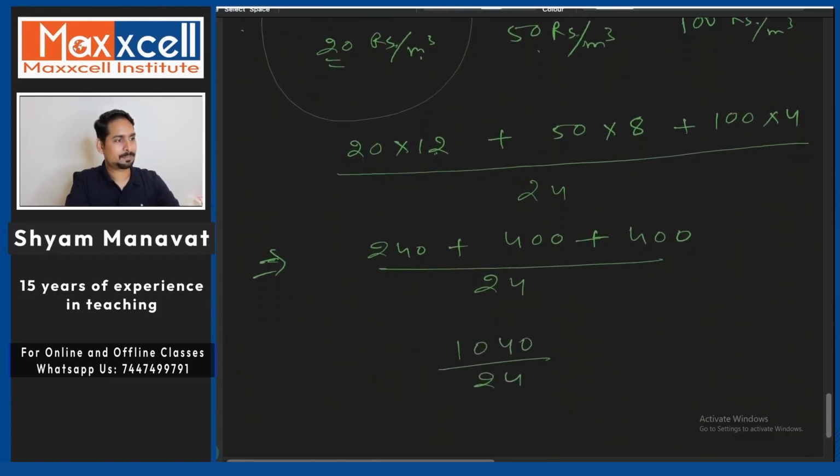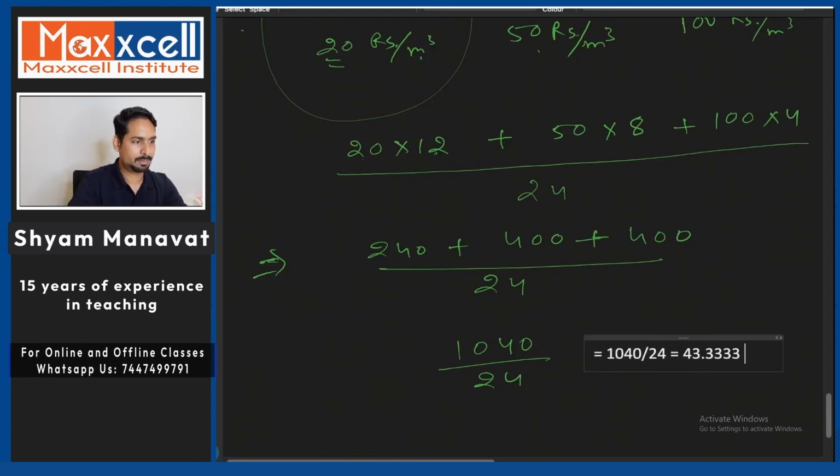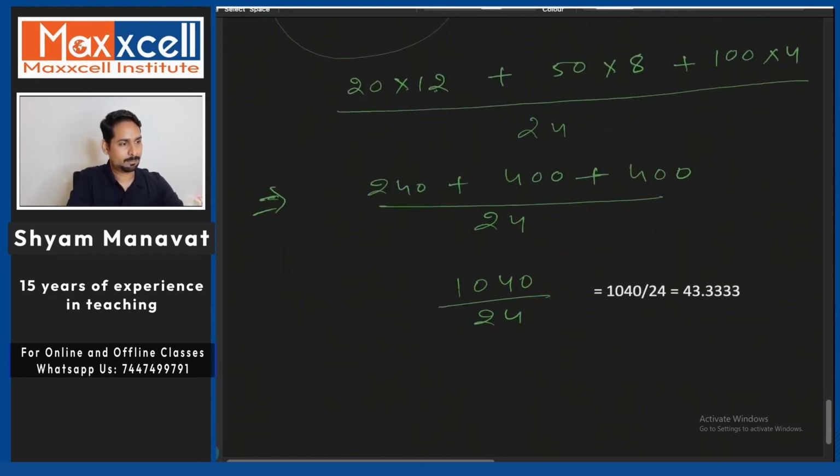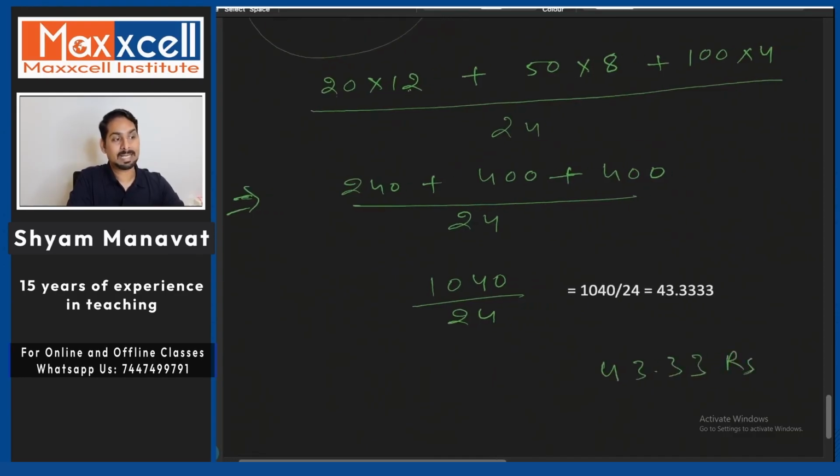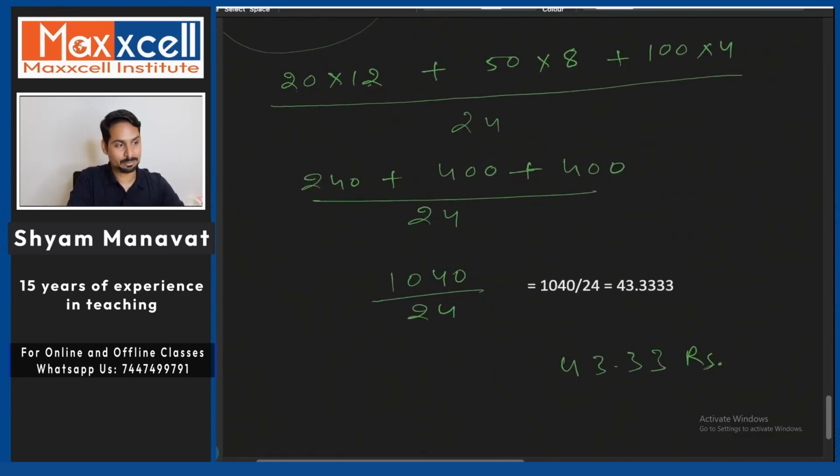You need to divide this. When you divide 1040 by 24, what will you get? You will get 43.33, and that is the price of mixture. So price of mixture should be rupees per quantity. Quantity here is meter cube. Okay, so this is the answer.